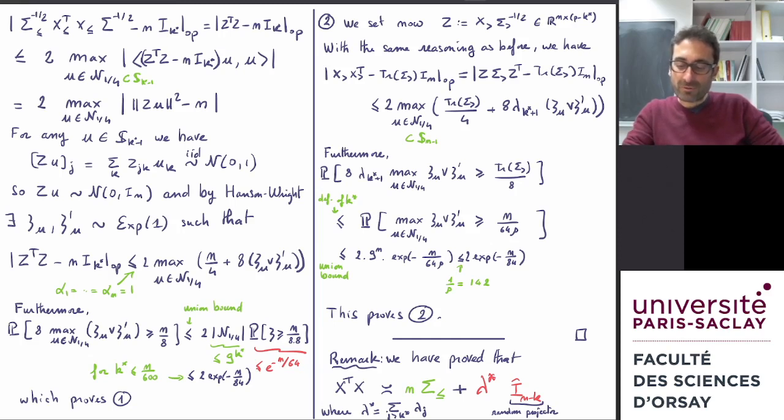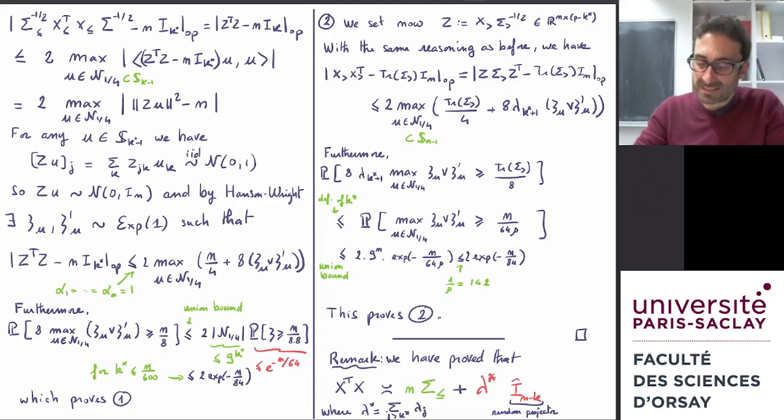And of course, what is the expectation of this? Since z are standard Gaussian, it will simply be the trace of this matrix times the identity. So we look at the difference between the two, and by using again my Hanson-Wright inequalities, but with some weights that depend on lambda, right?